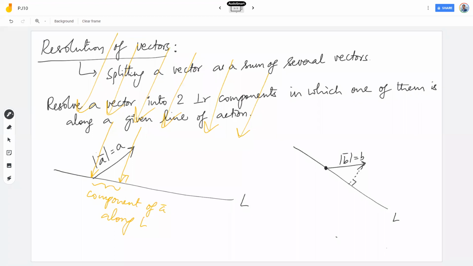This point is the foot of the perpendicular. From this point to the foot of the perpendicular, this length is called the component or projection of B bar on L. And this perpendicular component here is called the component of B bar which is perpendicular to L.